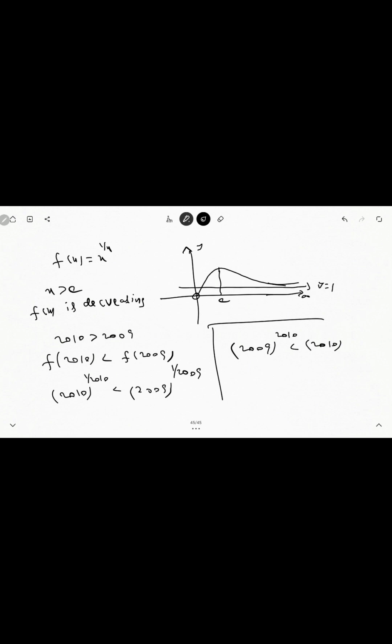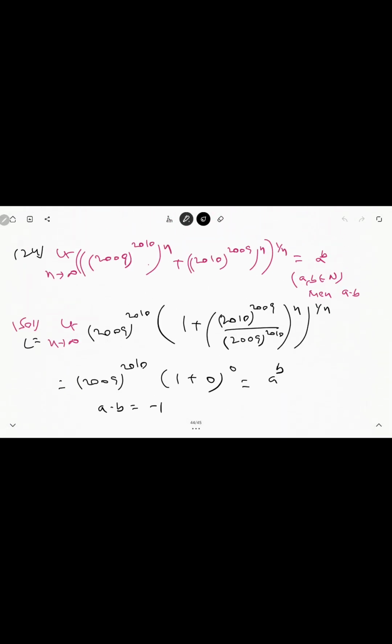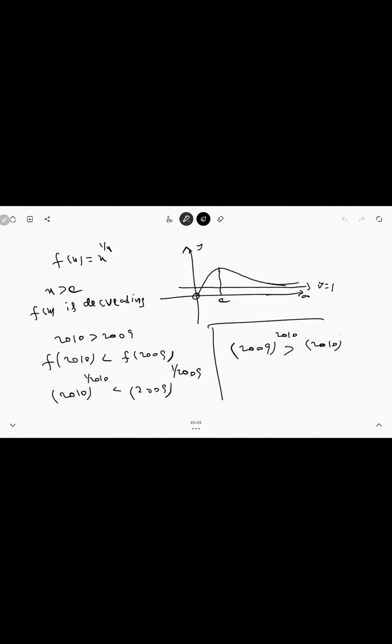Tell me. Is it more than? Right. Understood or not? So cross multiply this one, you will be getting less than 1.